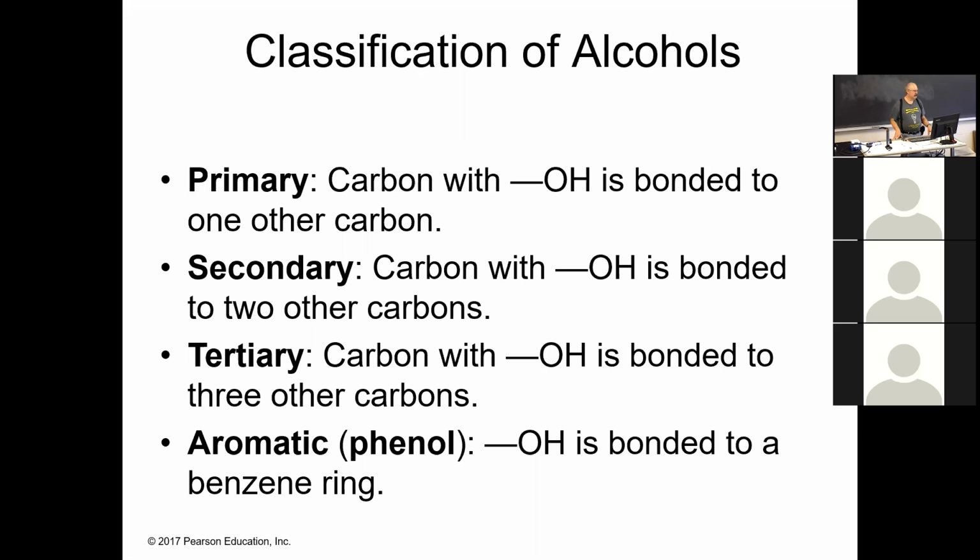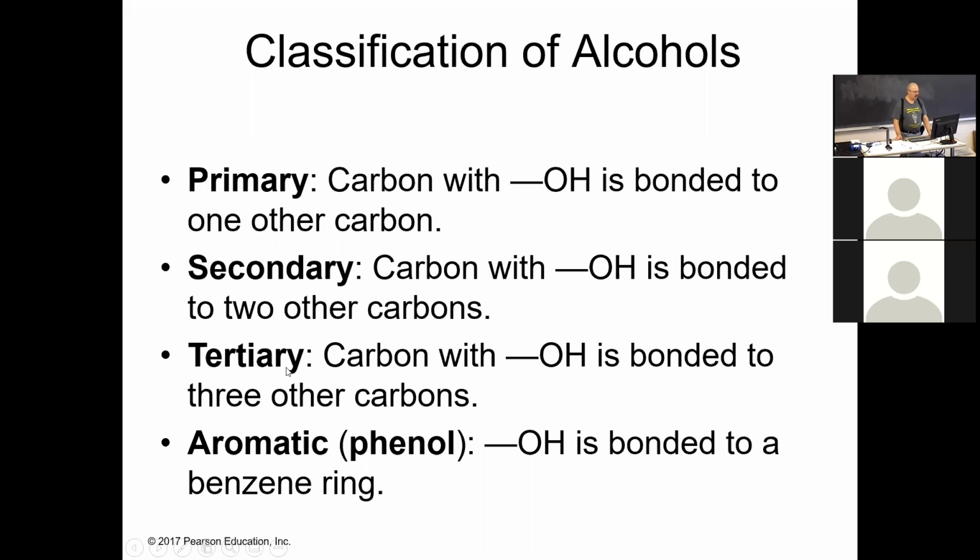It's important to be able to recognize classification of alcohols. First of all, we have methanol, where we just have a methyl group bonded to the OH. A primary alcohol is one with the OH bonded to a carbon, which is bonded directly to just one other carbon.